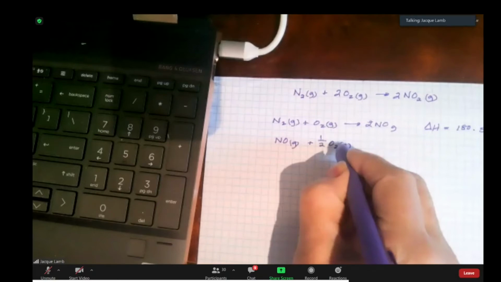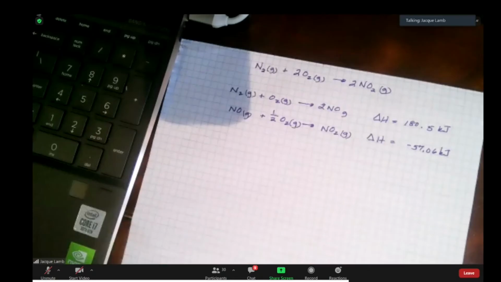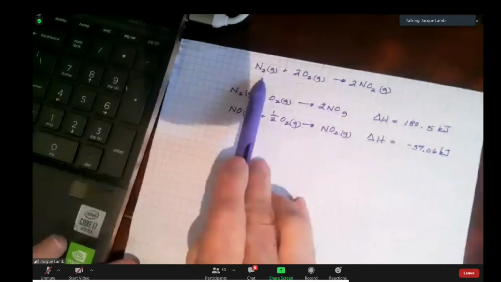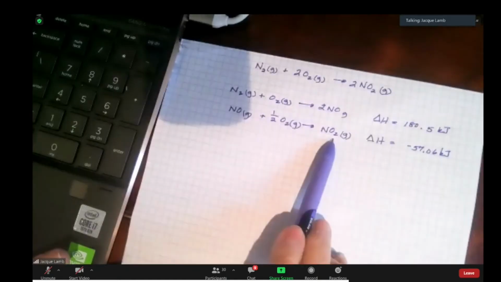So we have to see if we can find a way to do this. I'm going to tell you that we want to somehow add these two equations together in such a way that we end up with this as our overall reaction. We want NO2 as our product. In this reaction, it is the product, but notice we want 2 NO2 and we only have one here.